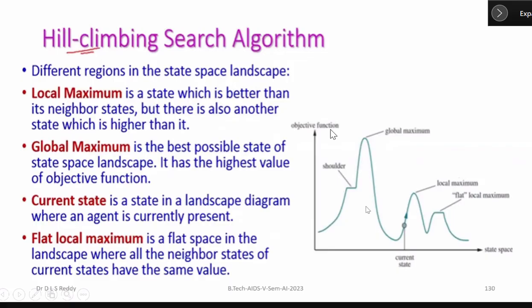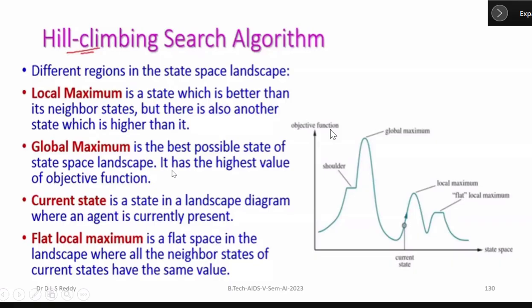The goal state is the global maximum, which is the best possible state of the state space landscape. It has the highest value of the objective function. So your goal is always to reach the global maximum, not the local maximum.